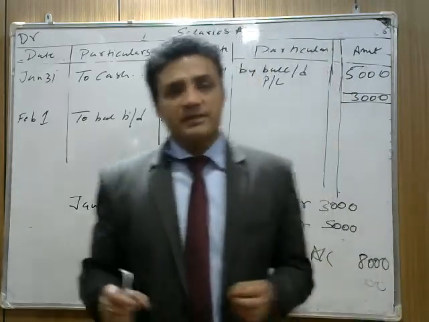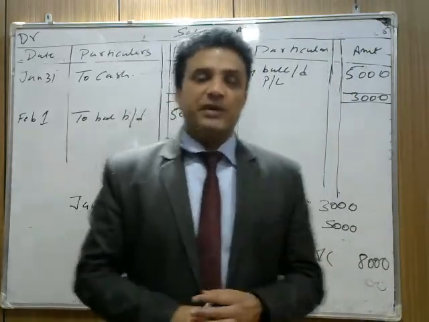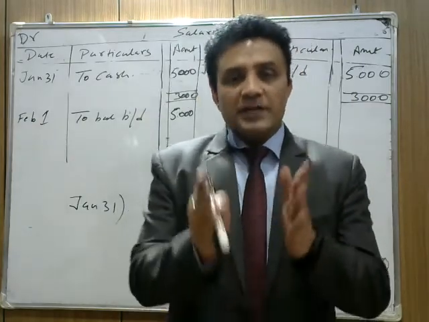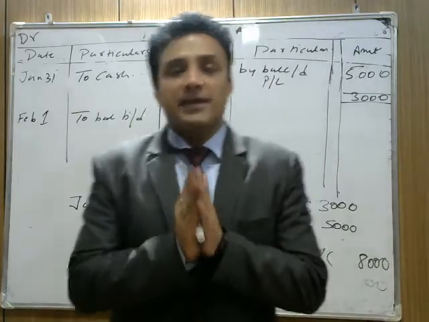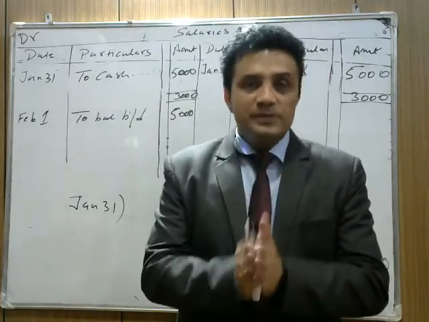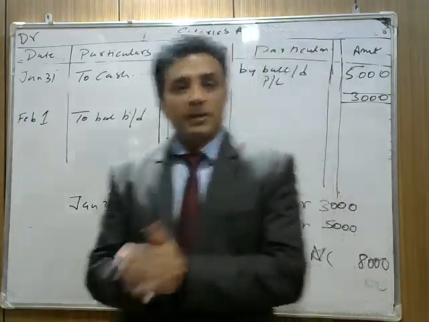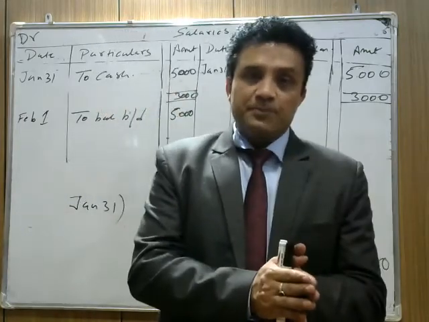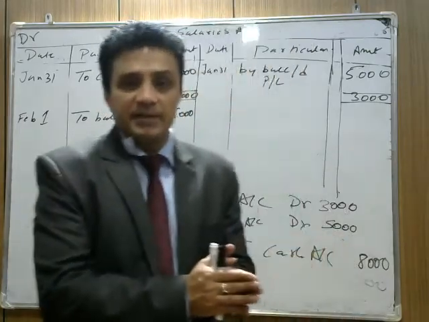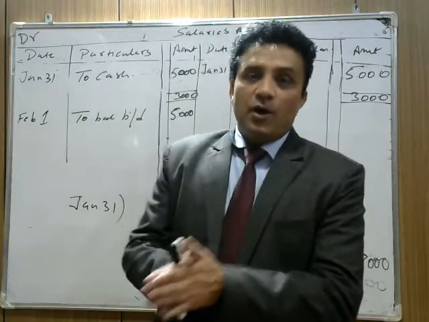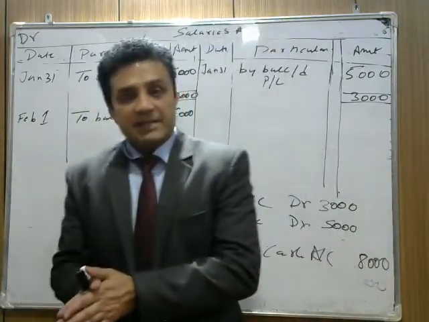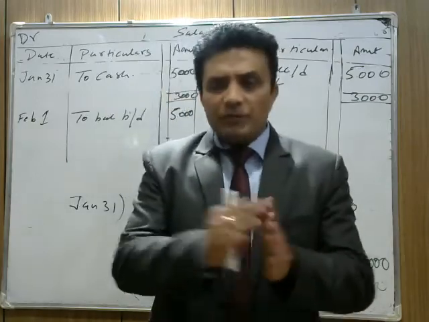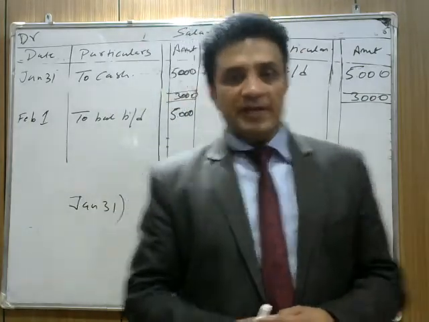Though these are basic mantra for accountancy, especially when you do the ledger part. So ledger is very important. It's very easy if you know the journal entries. If you know all the rules regarding personal, real, nominal and the modern approach which says that all assets are debited, all liabilities are credited, all capitals are credited, all expenses are debited, all purchases are debited, all sales are credited. So if you know the rule, then ledger becomes very easy for us.